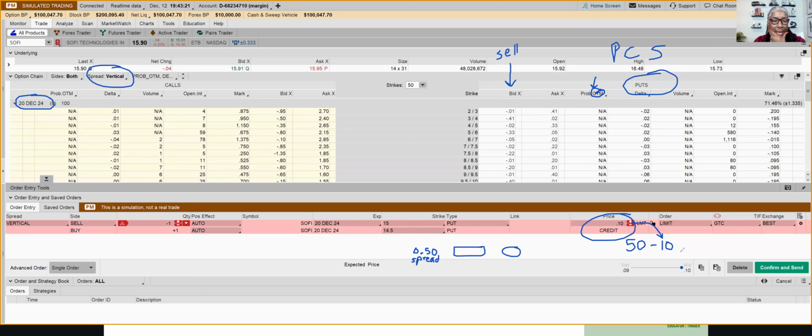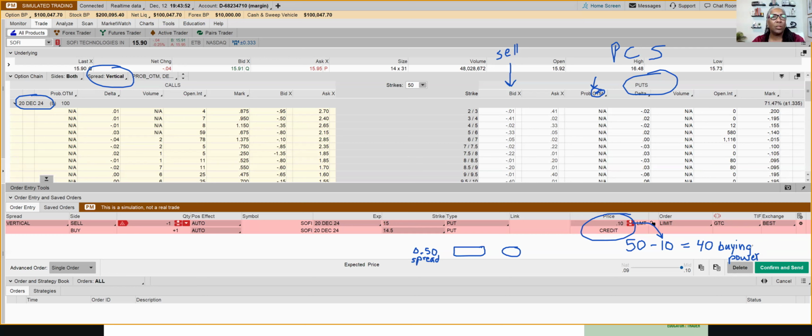We're subtracting that $10, which means the broker is going to block away $40 of your buying power, like your deposit. That's what the broker is going to block away while you're in this trade for each contract that you're in.